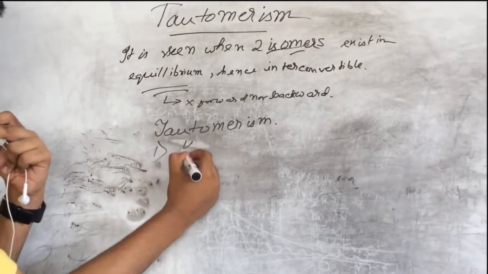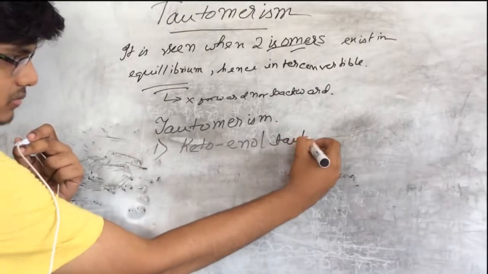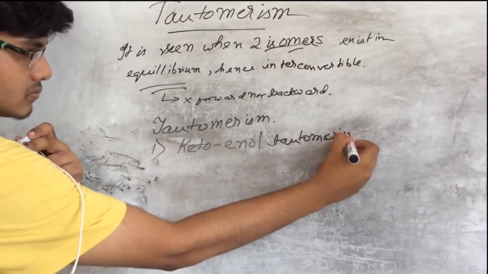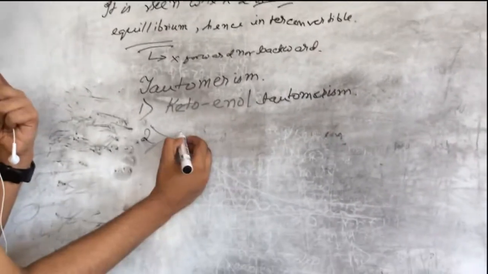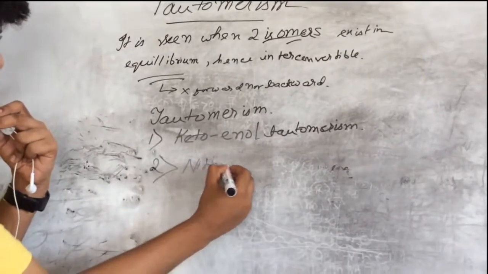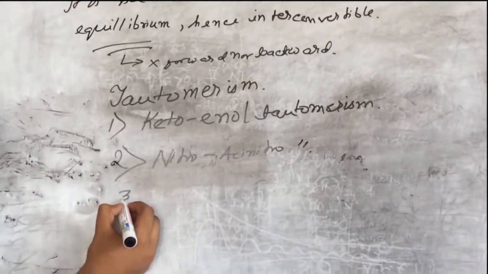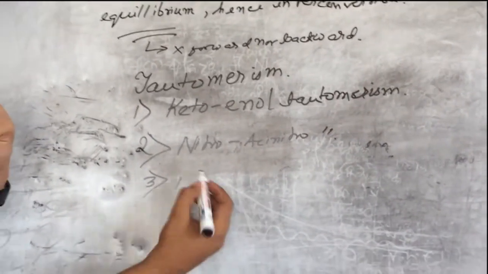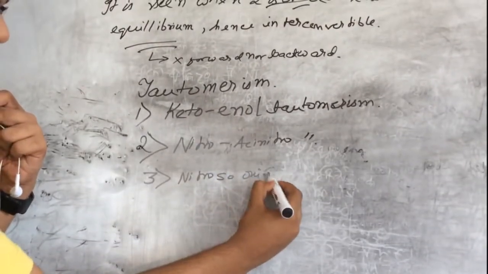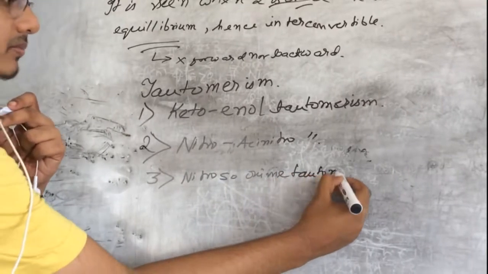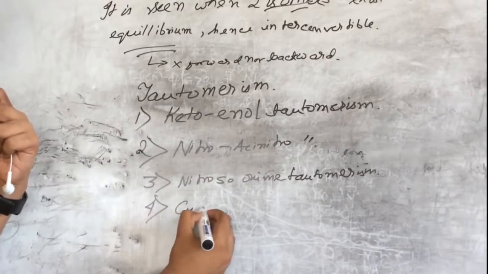Ketoenol tautomerism, you can have nitro-acynitro tautomerism, you can have nitroso-oxim tautomerism, and you can have cyanide-isocyanide tautomerism.